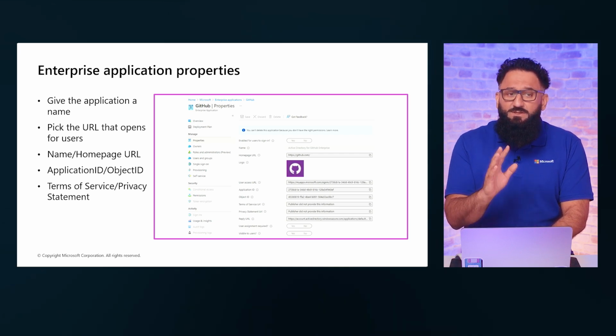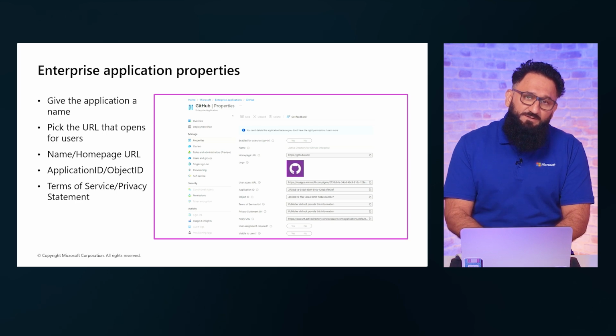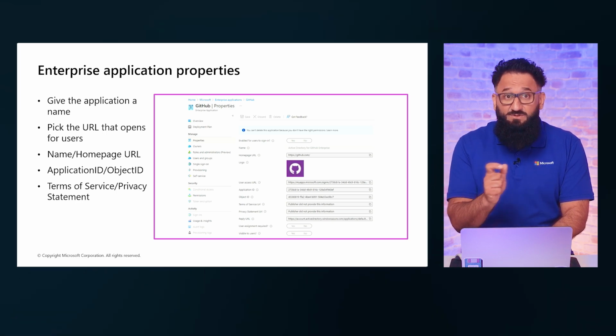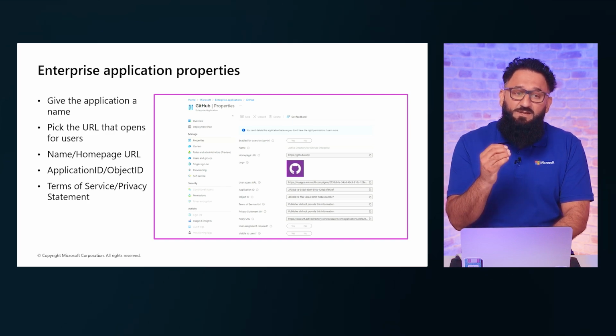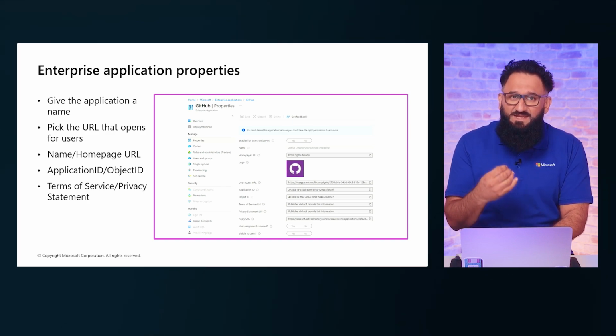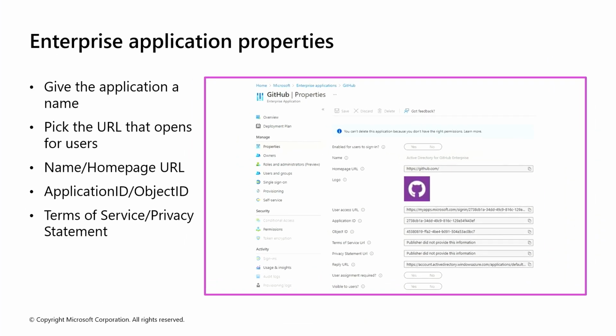Now, before I do, two very important topics to remind everyone that we discussed in the previous session are the application ID and object ID. Application ID is a globally unique identifier assigned to an app registration in Microsoft Entra ID. Think of it as the app's passport number.